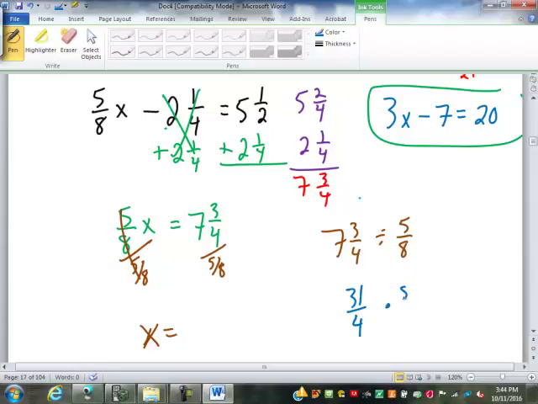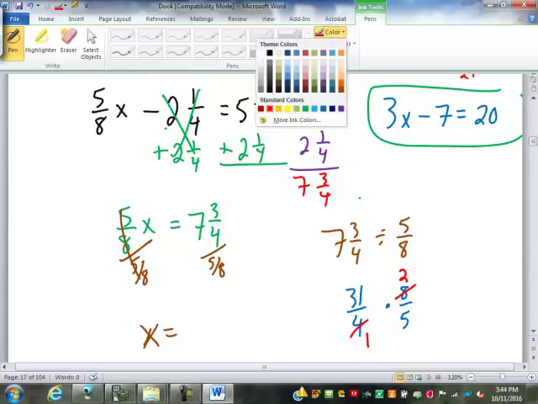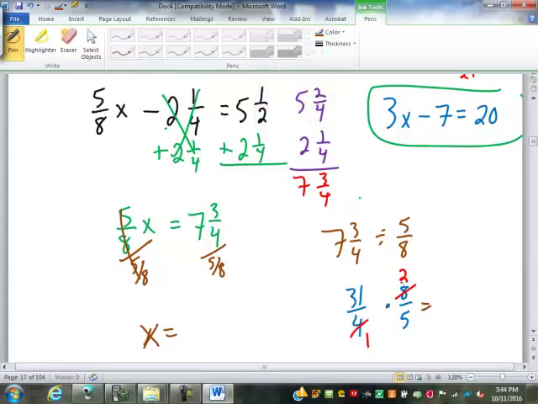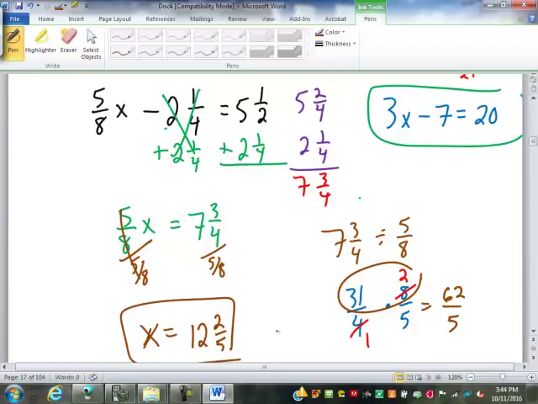Times the reciprocal, so 5/8 becomes 8/5. Cross cancel. 4 and 8, both divided by 4 gives me 2 and 1. 31 times 2 is 62. 1 times 5 is 5. Which is 12 2/5. Any questions?